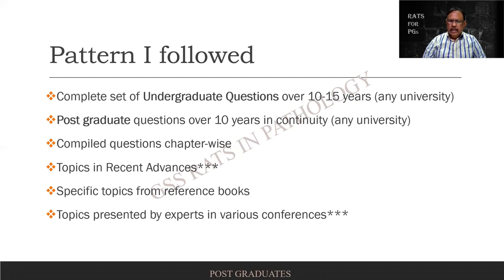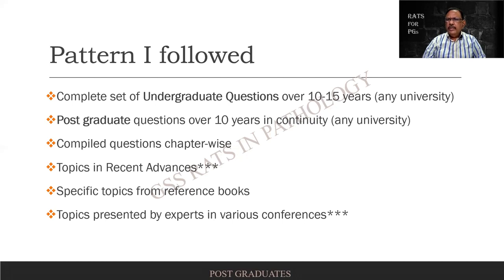But our idea is to attempt it when it comes as a question. Theories of atherosclerosis. This was a recent advanced topic those days. But then we used to mark it, read it up from Robbins. Early gastric carcinoma, one of the topics in the then recent advances. Mark it in Robbins and then read.